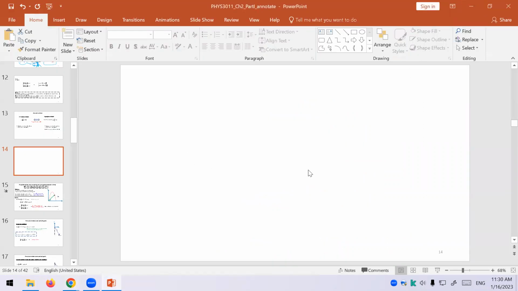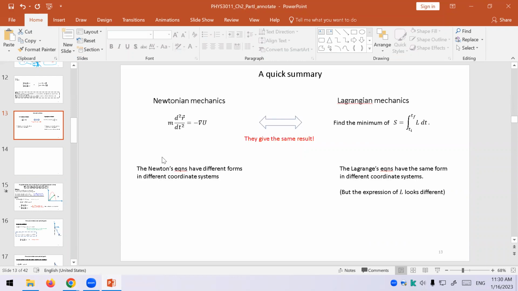Okay, so then let's continue the Lagrangian mechanics. Last time I introduced this principle of least action, and from there we get to the Lagrange equation of motion, also known as the Euler-Lagrange equation.